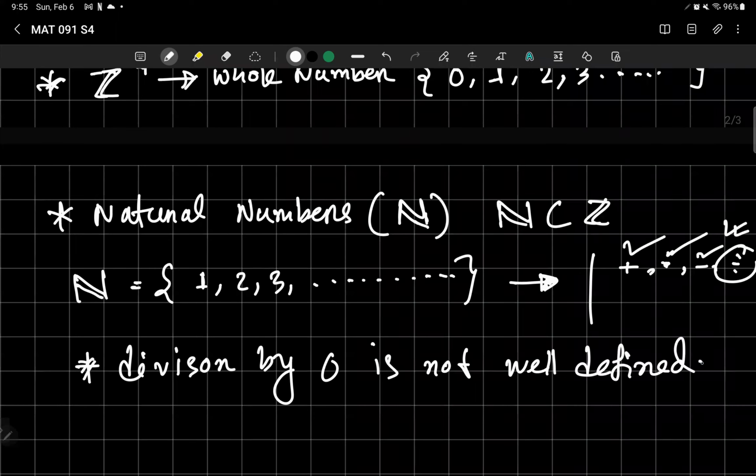In fact, it is not defined at all. Nobody knows what happens when you divide by 0. So I think from there this logic came. I don't know the historical context. But this is my idea of looking into things. Does that answer your question?